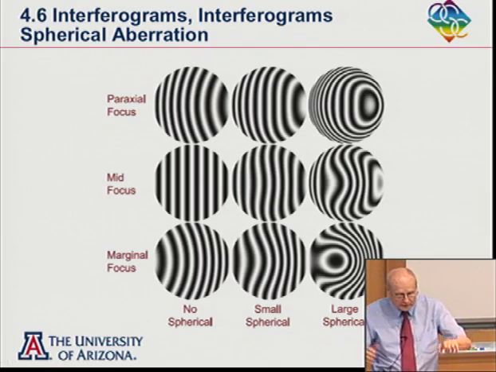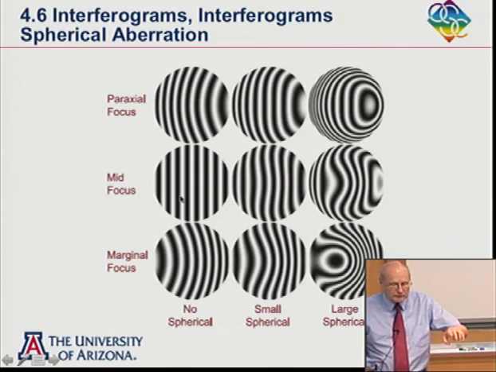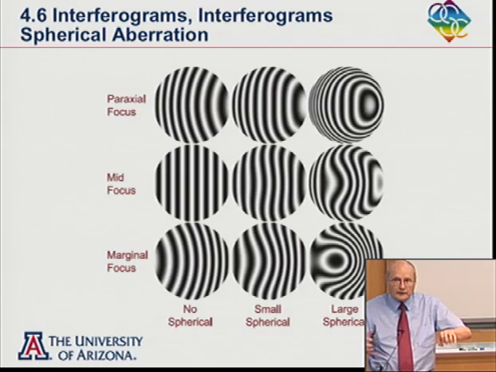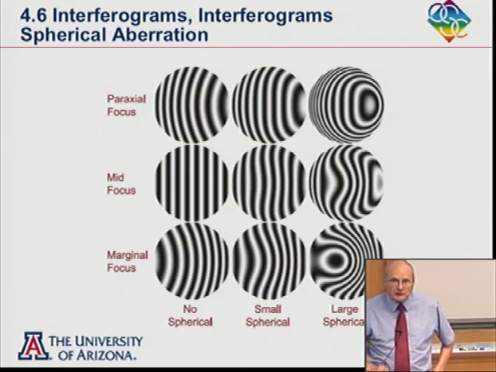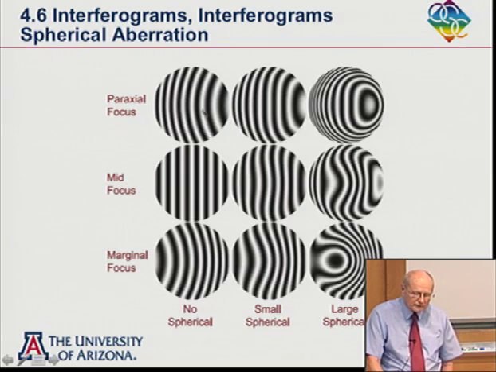So when I get it just right, the beam coming back is collimated, and we get these beautiful, straight, equally spaced fringes. Now, if I change the separation just a little bit between the diverger lens and the sphere, the beam coming back will be slightly curved, a little bit of curvature, and we often say a little bit of defocus, and so the fringes will be curved like this.